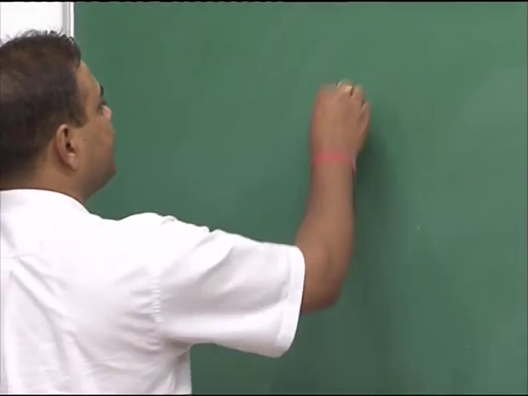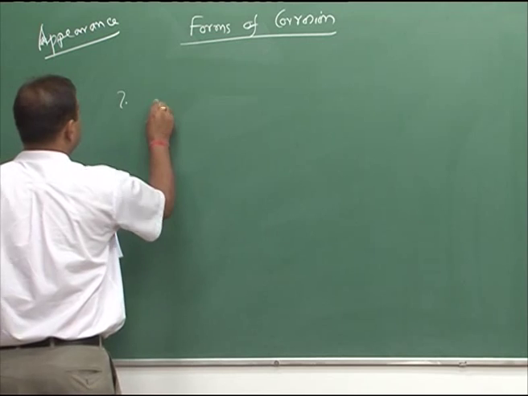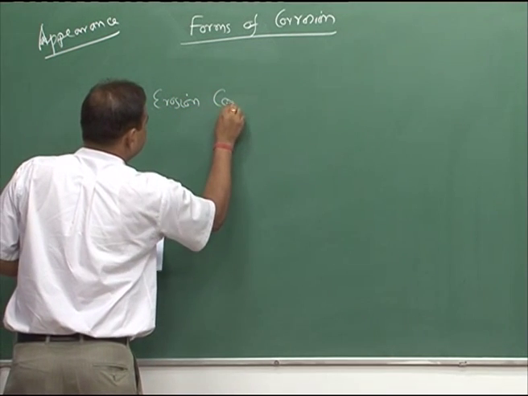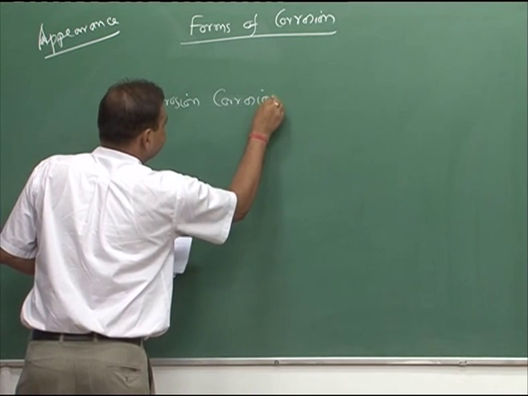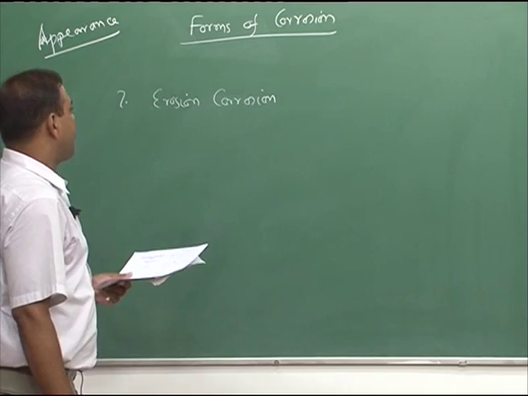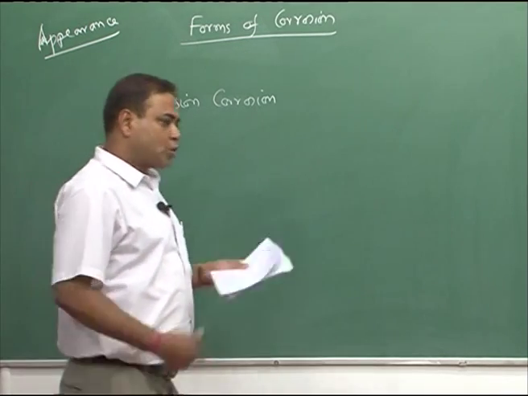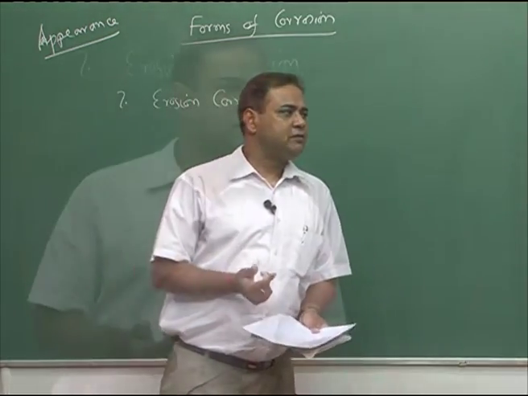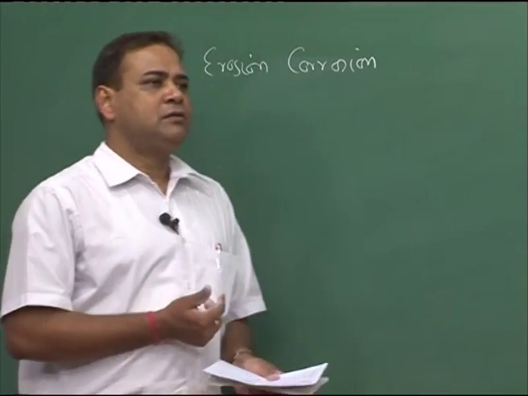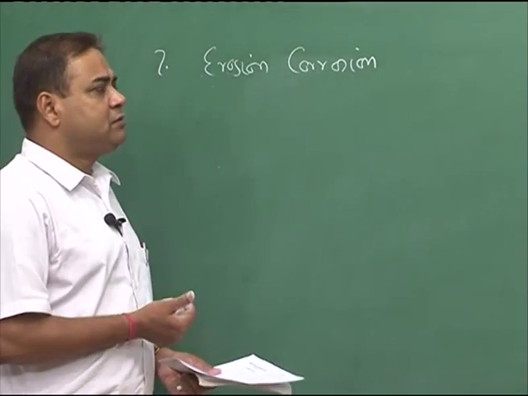Now, the seventh one is erosion corrosion. In erosion corrosion we have corrosion as well as a sort of wear nature.